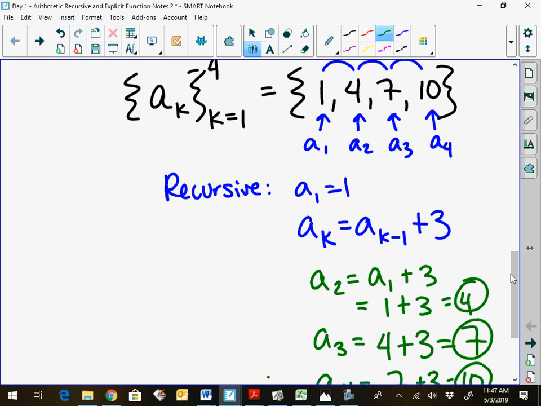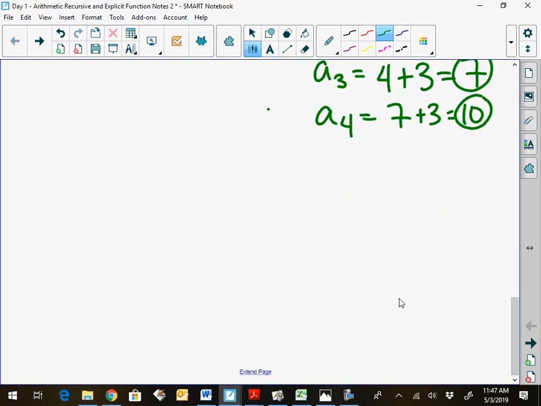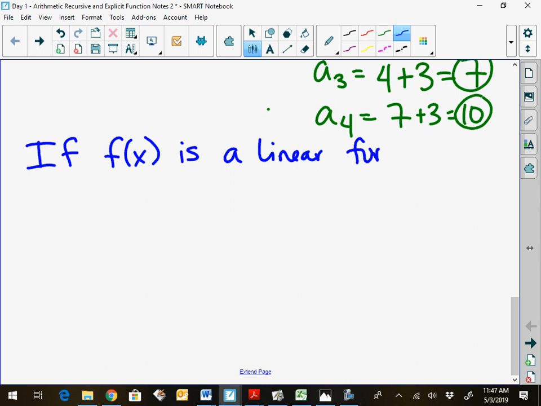Now, we can use this to come up with our explicit form also. So in general, to come up with an explicit form, if f of x is a linear function, then we start and we have f sub 1, right?